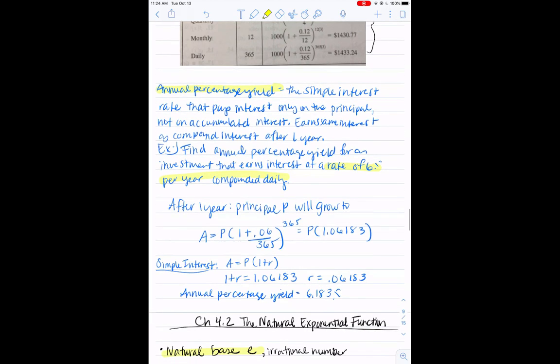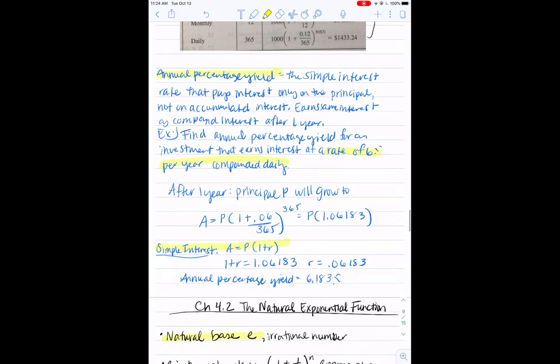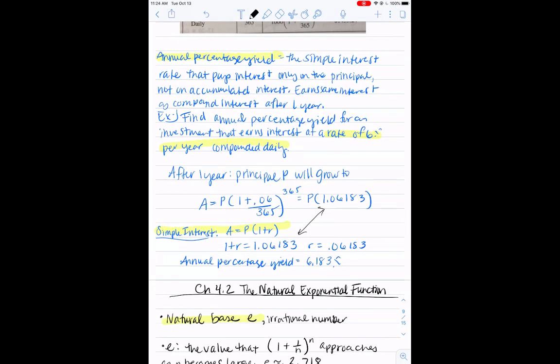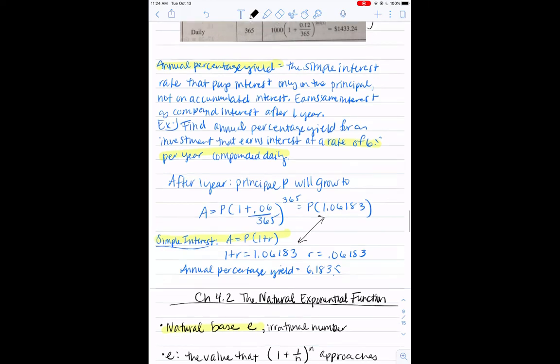And so we get P times 1.06183. So our simple interest formula is A equals P times (1 plus R). So we see here that our 1 plus R is 1.06183. So we can see that our R is going to be 0.06183. So our annual percentage yield is going to be 6.183%.